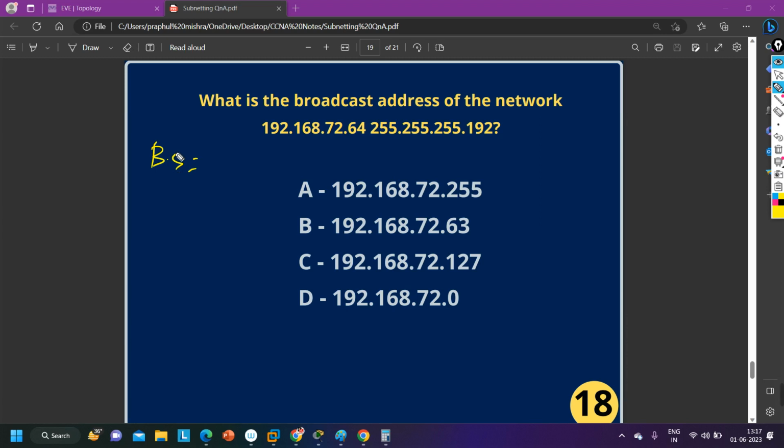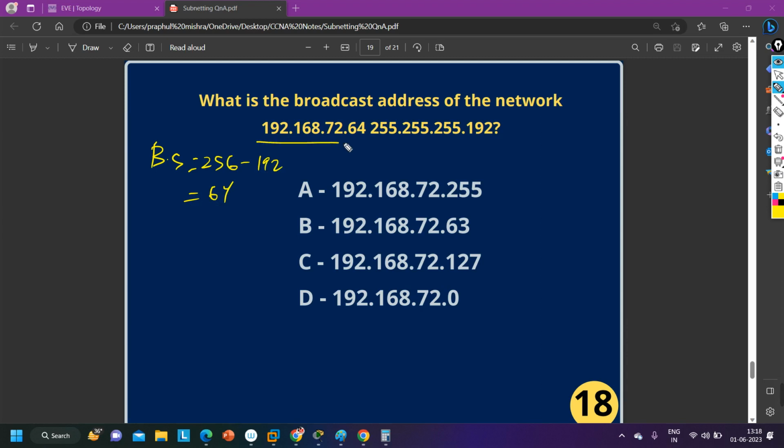Whenever we need the number of networks, we use 2 to the power n, and for valid hosts, 2 to the power h minus 2. But whenever it asks for the first valid IP address, last valid IP address, or network ID, we need to calculate the block size. The block size will be 256 minus 192, that is 64.